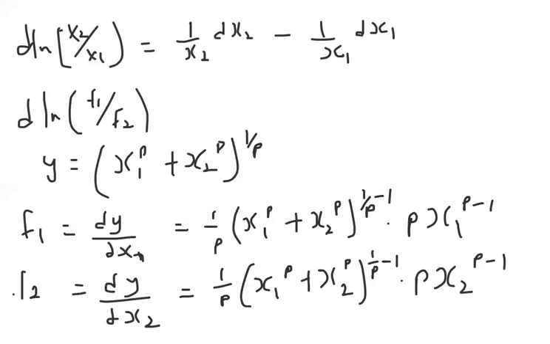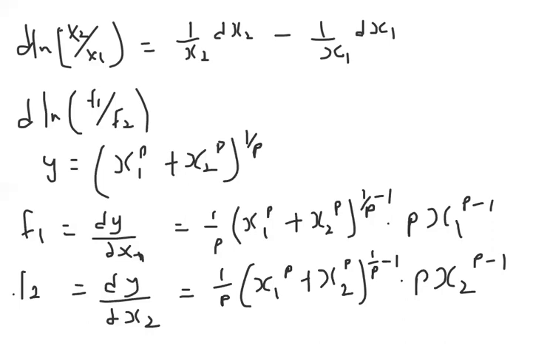This first expression is the marginal productivity of input 1, and this one is the marginal productivity of input 2. The next step is to divide.